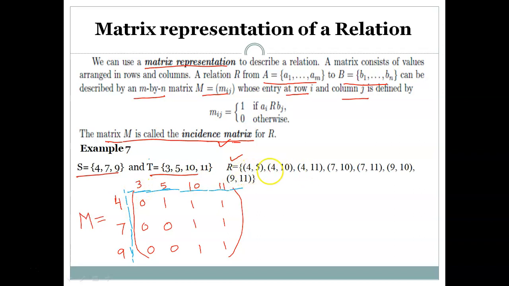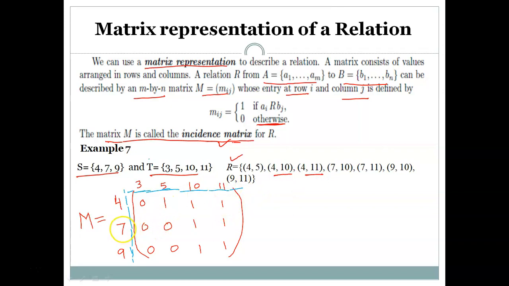The element is not here, that means 4 is not related to 3. So the entry will be 0. Now you see 4 is related to 5, so the corresponding entry will be 1. Again, 4 is related to 10, that is there, so entry will be 1. Further, 4 is related to 11, so entry will be 1.